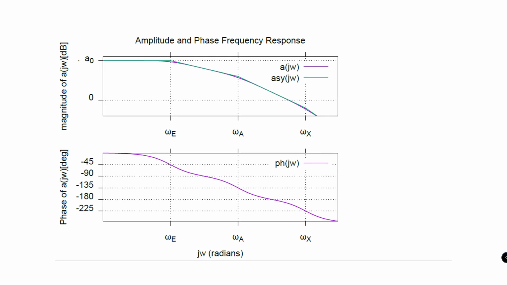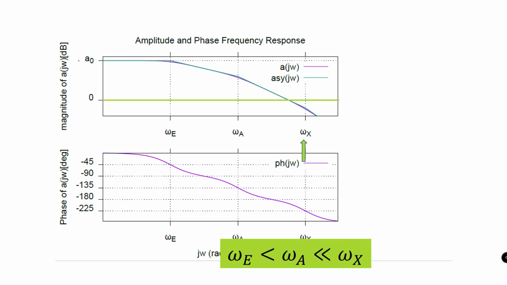The same is reflected in this frequency response plot. Note that the pole omega X is much farther away from the origin, and the gain at omega X is less than 0 dB, which leads to the conclusion that it is enough to consider only the omega E and omega A poles for our further analysis.